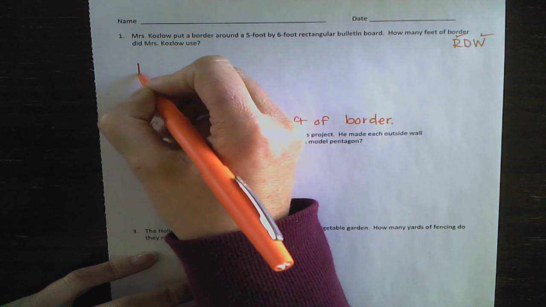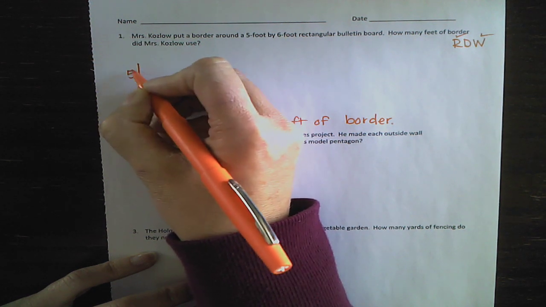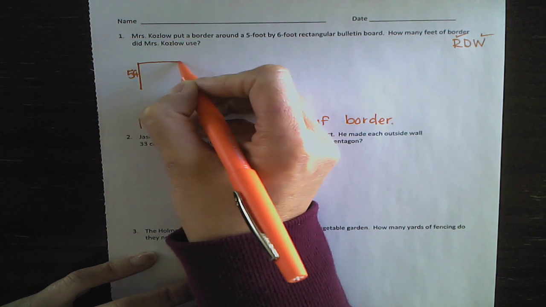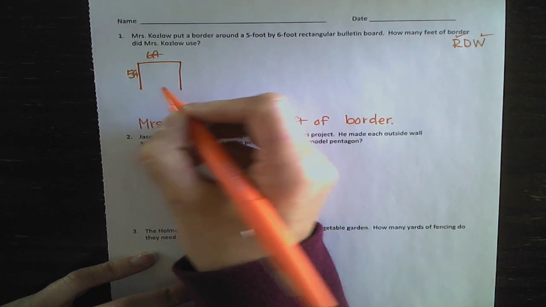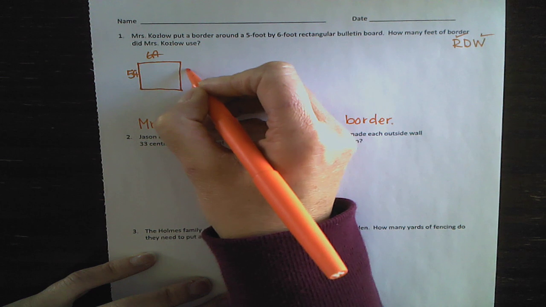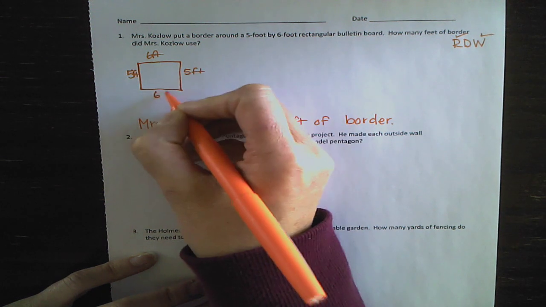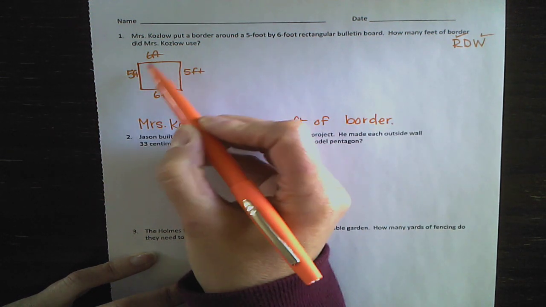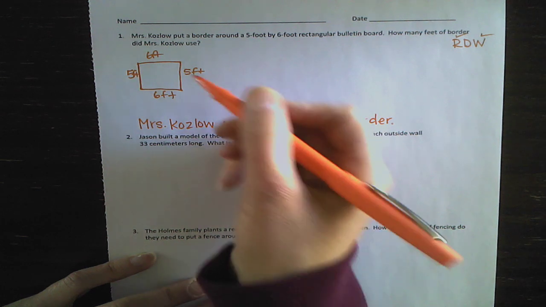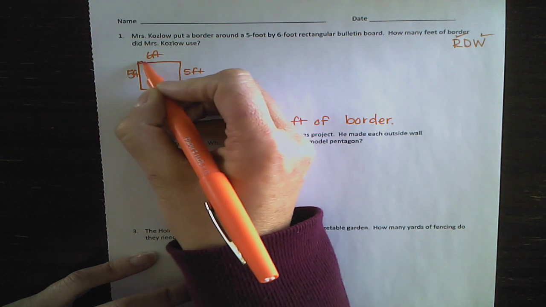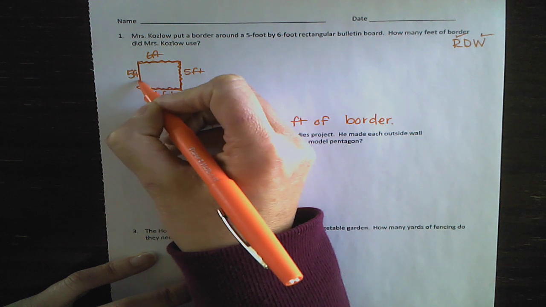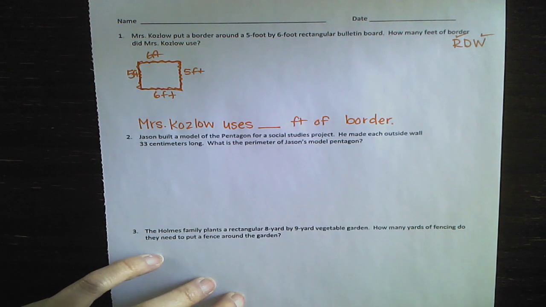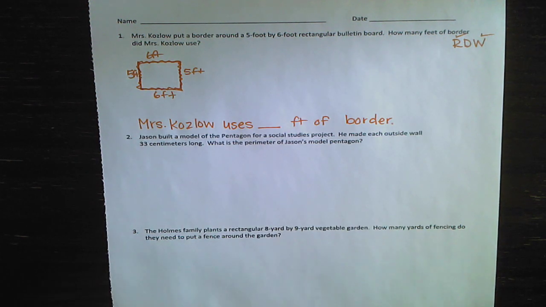So if this is the 5-foot side, this is the 6-foot side. 5 feet and 6 feet. That's not talking about the inside, right? We're talking about perimeter. So this is the border that we're talking about. Maybe it's a fancy, squiggly border. How many feet did she use?